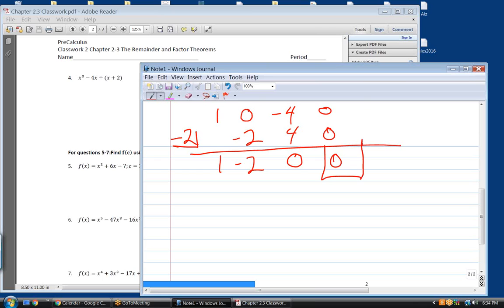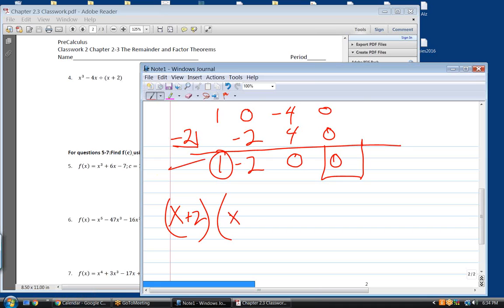That tells me that x plus 2 was a linear factor of this cubic. And what's left over? What does that 1 represent right there? That's the remaining quadratic.